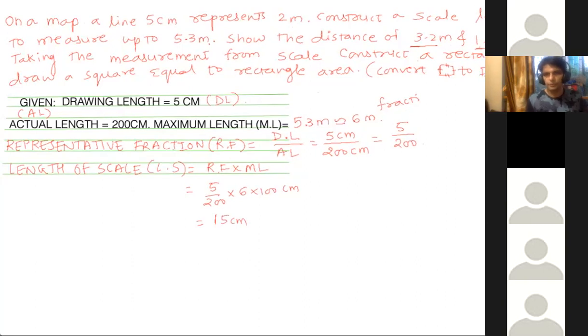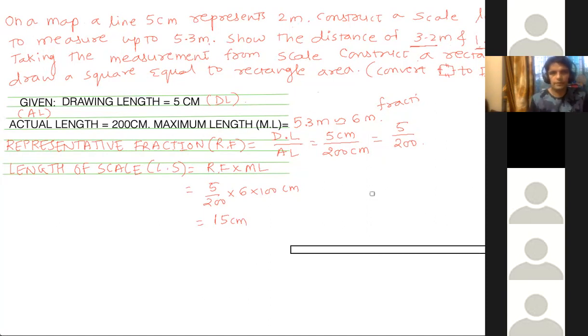So what we need to do? We need to draw a rectangle. You draw a rectangle of 15 centimeter. This is 15 centimeter. And this will divide into how many parts? 6 parts, because maximum length is 5.3 meters, so it becomes 6.